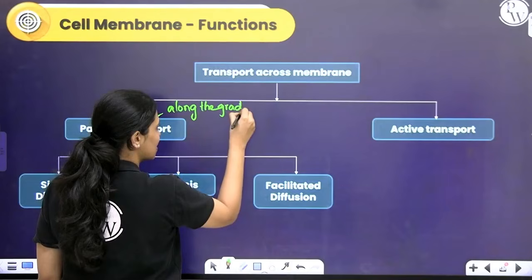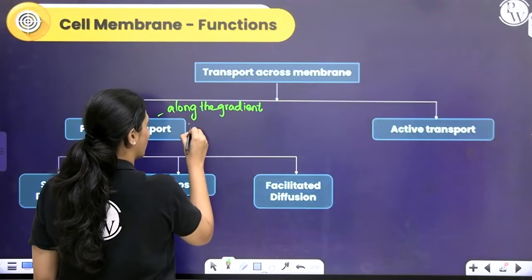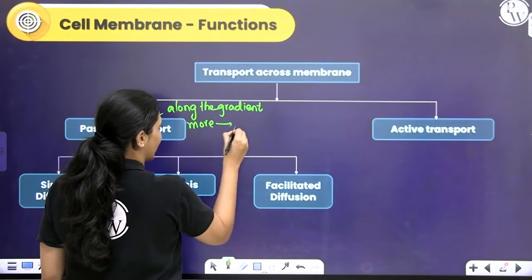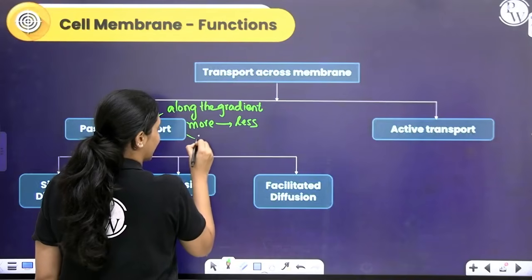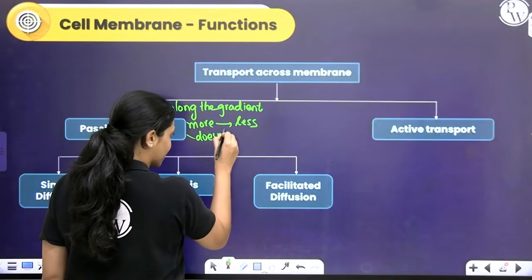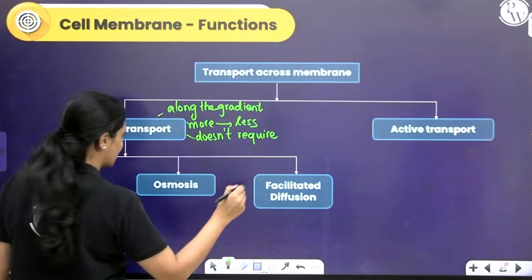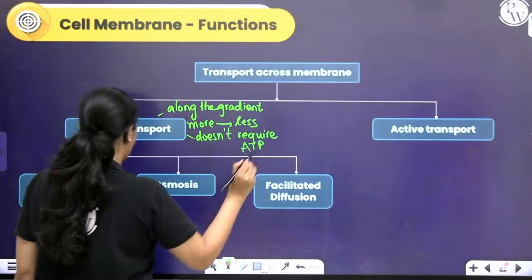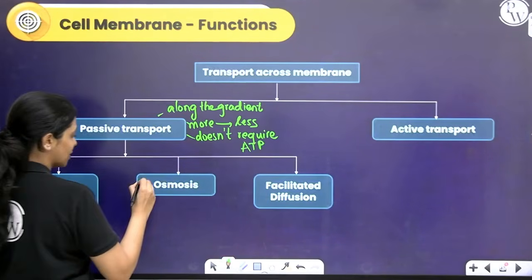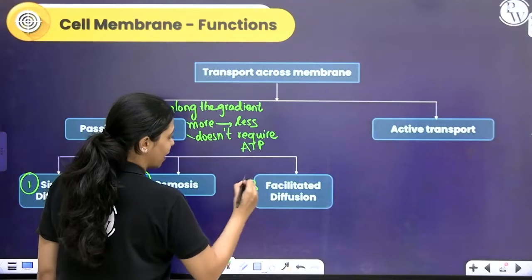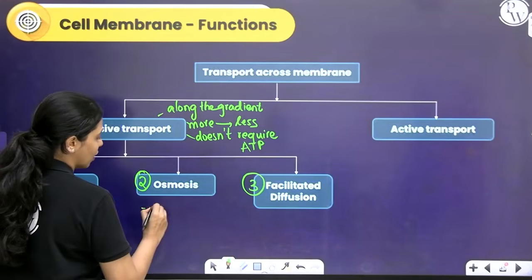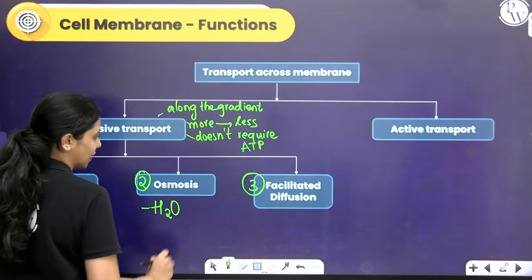The molecules are transported from where it is more to where it is less. It doesn't require ATP. This can happen in three types: simple diffusion, osmosis, and facilitated diffusion. Osmosis is diffusion of specifically water.